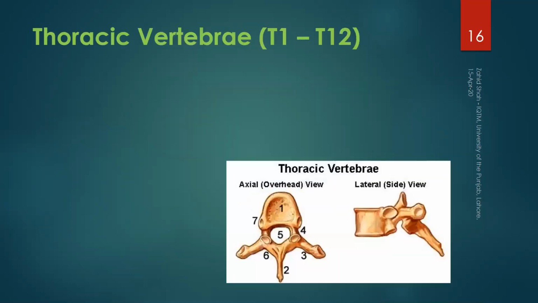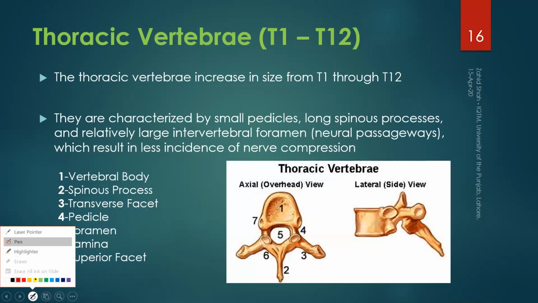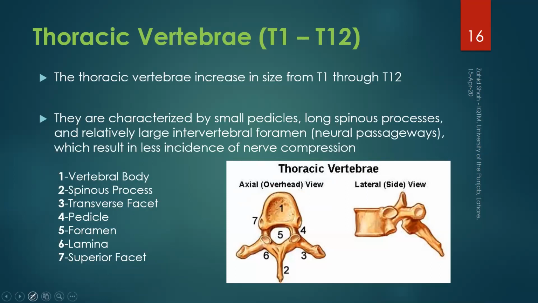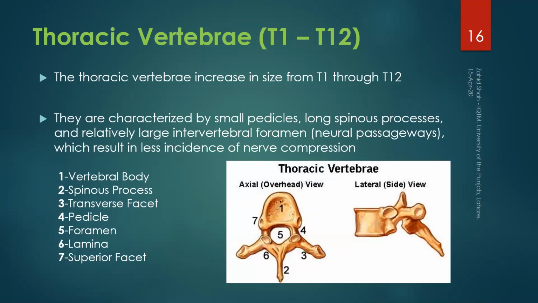Then we have 12 vertebrae for the upper back. They are designated as T1 to T12. Now you can see that their shape is very different from atlas and axis. This one is called the vertebral body, and that actually houses the intervertebral disc. So here, or on the upper side of this, will be the intervertebral disc.